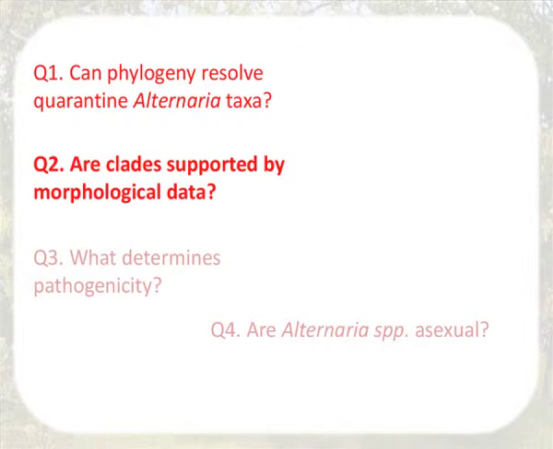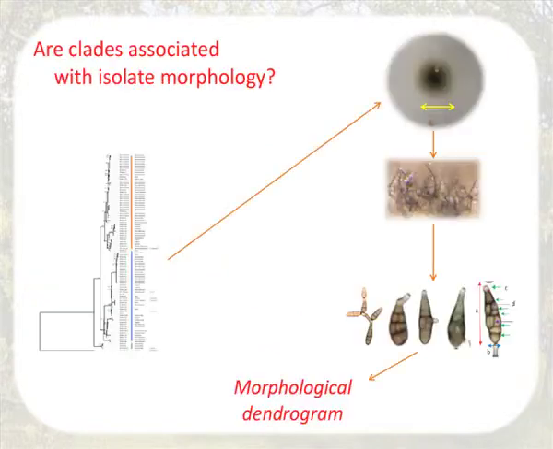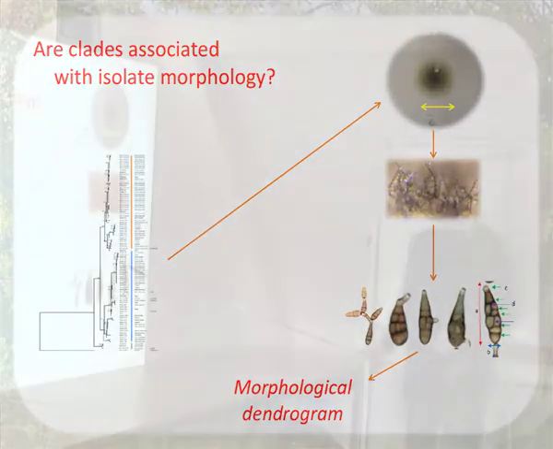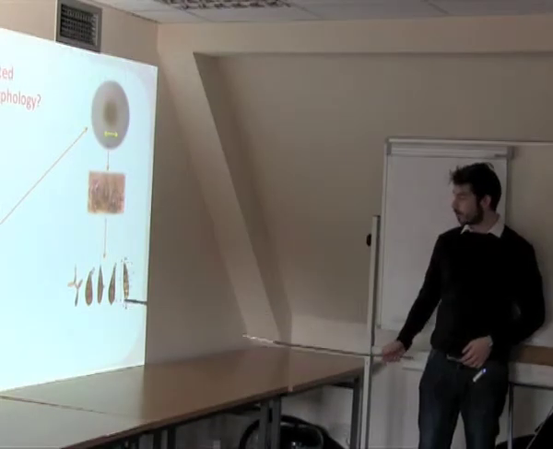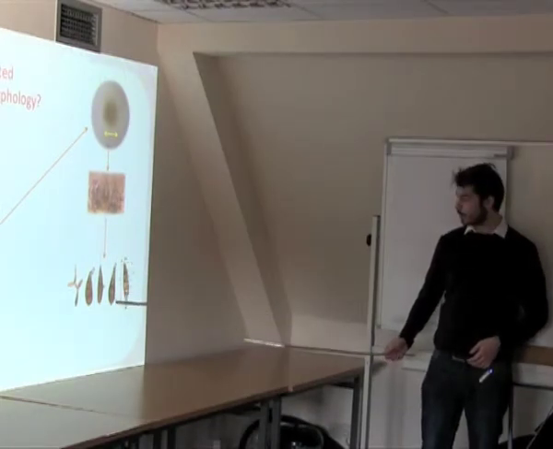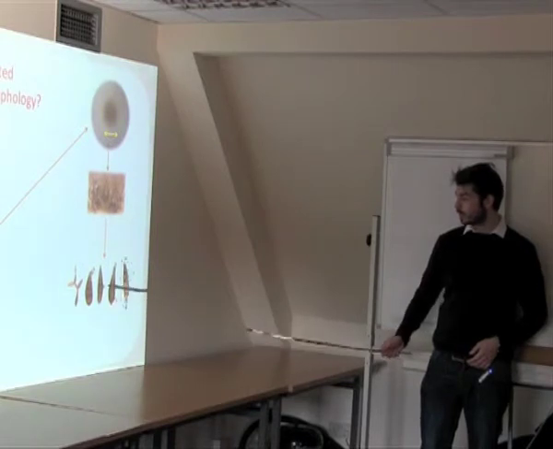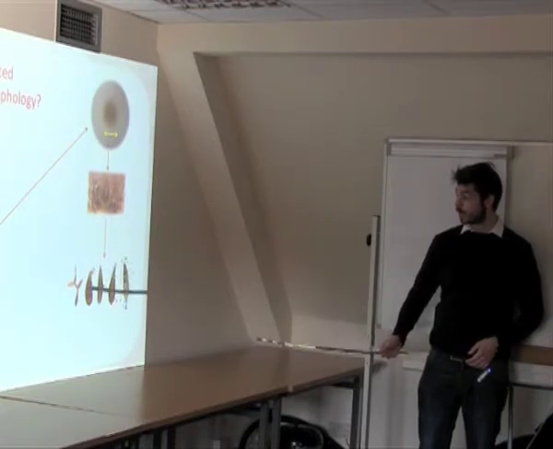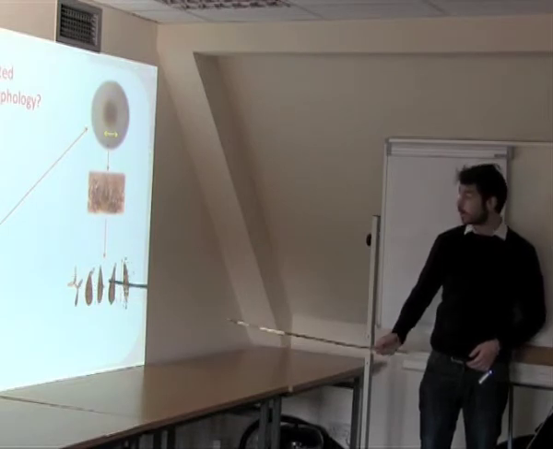So to do this, we took our isolates and we grew them under standard culturing conditions, using 3D sporulation patterns, characters on growth of the colonies on the plates, and also looking at septation within spores, the actual size dimensions of length and width of spores, as well as additional characters such as presence of branching at different points within the spores, and chain length and branching within chains as well.